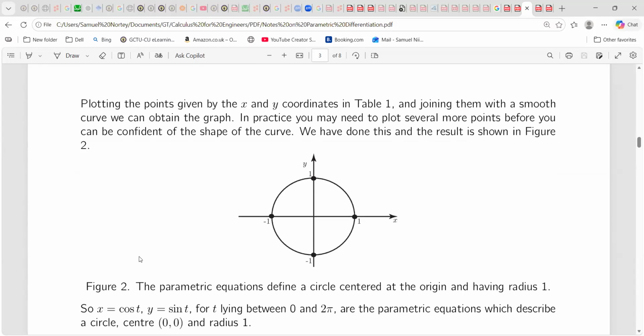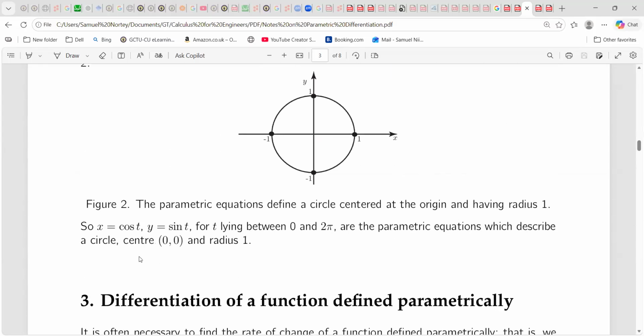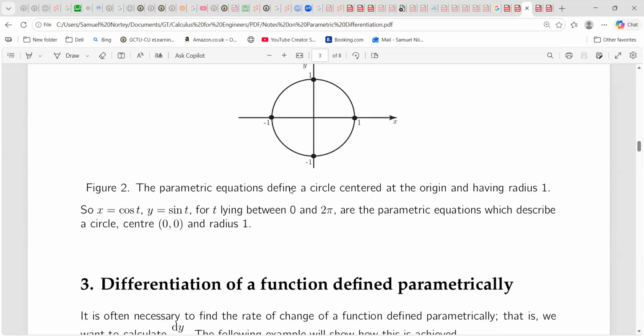So the parametric equations define a circle centered at the origin and having a radius of 1. So x equals cos t and y equals sine t for t lying between 0 and 2 pi are parametric equations which describe a circle with center 0, 0 as the origin and radius 1.